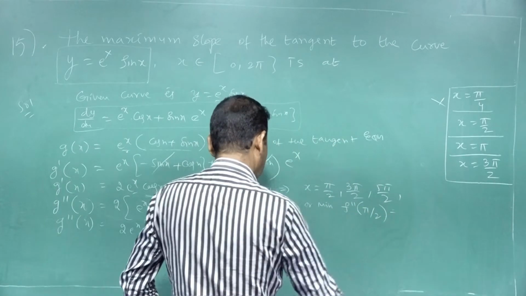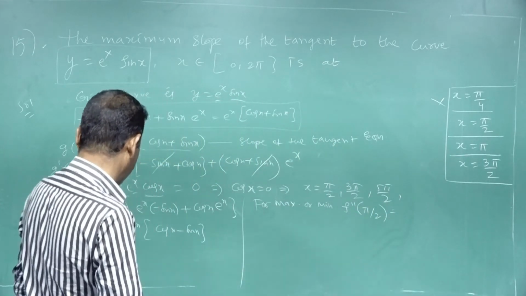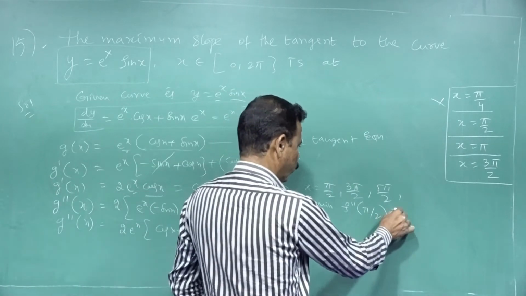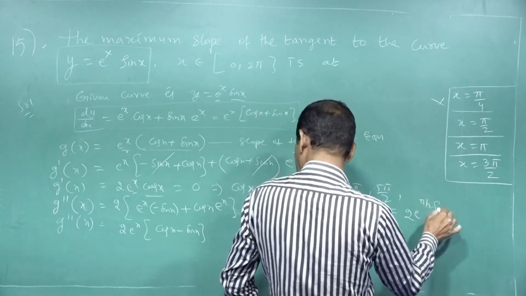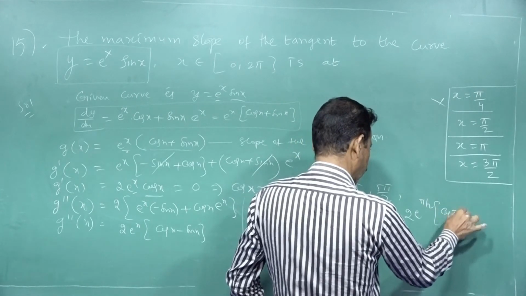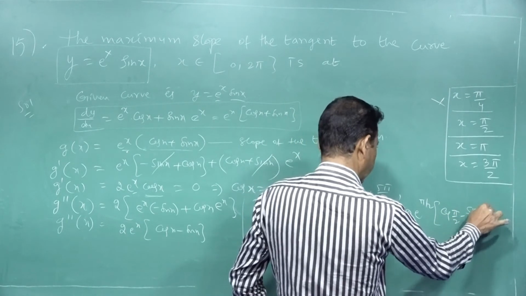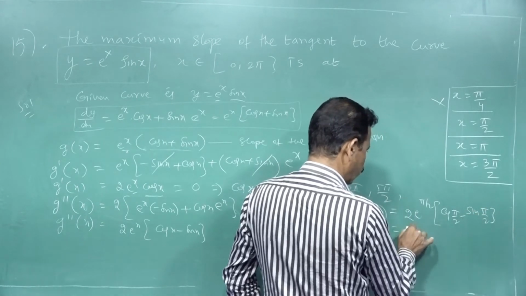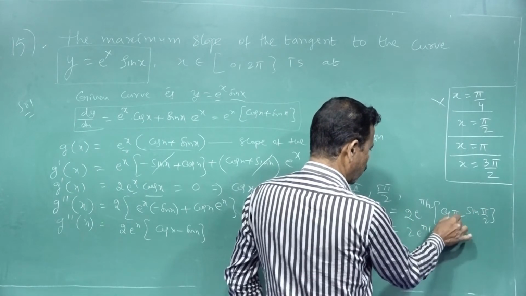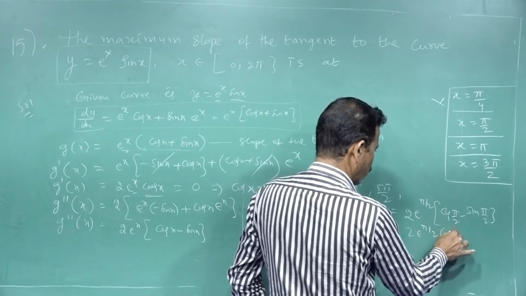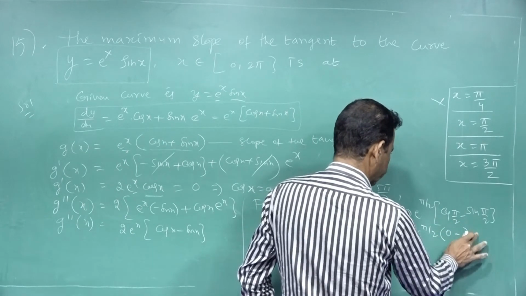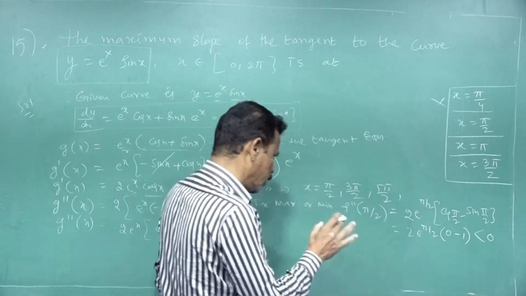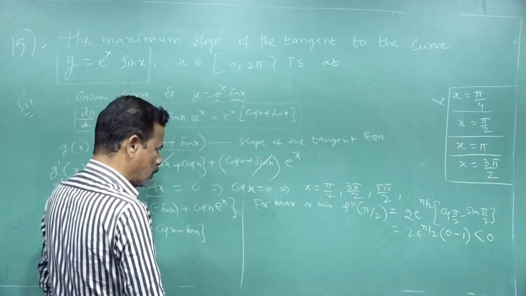F double dash of 5 pi by 2 is 2 e power of 5 pi by 2 into cos 5 pi by 2 minus sin 5 pi by 2. So this value is 2 e power of 5 pi by 2, cos 90 is 0, sin 5 pi by 2 is 1. So the total value is negative. That's why this value is a maximum.